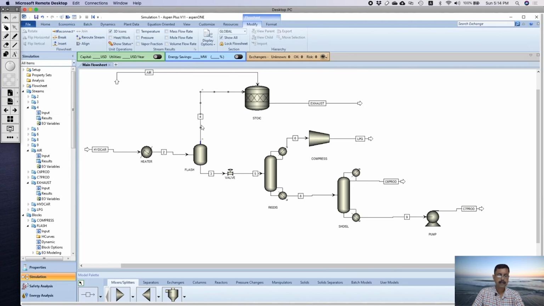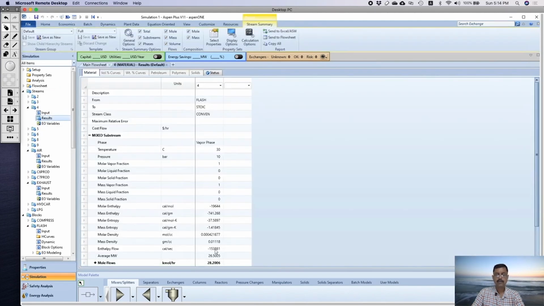Now simulation is run. Now let us check what is the result. Here the result is 28.2006. Earlier it was 30.5 something, now it is 28.2. So it necessarily means that if your heater temperature is down, then a lesser amount of material will be vaporized. So the per hour mole content of the leftover gas will also reduce.